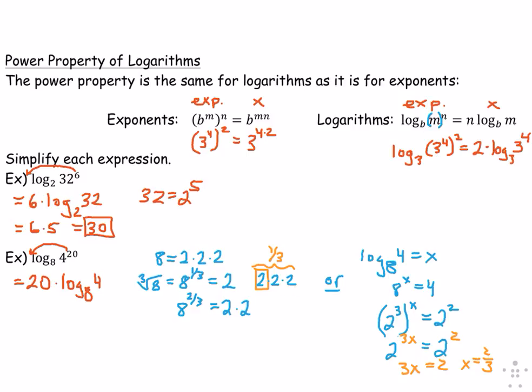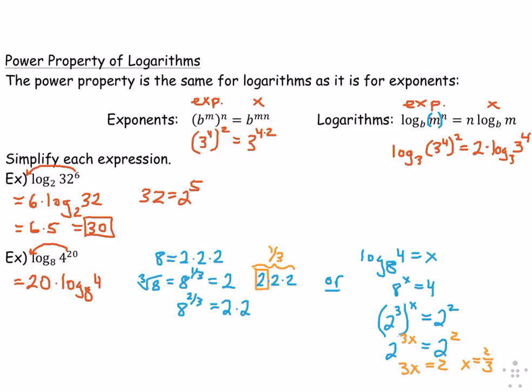Then if I want the 2/3 power of 8, that means I want 2/3 of these numbers: 2 2s, or 4. And that's what we have, by the way. This is asking, what do I raise 8 by to get 4? Well, the answer is the exponent of 2/3, because 8 raised to the 2/3 power is 4.